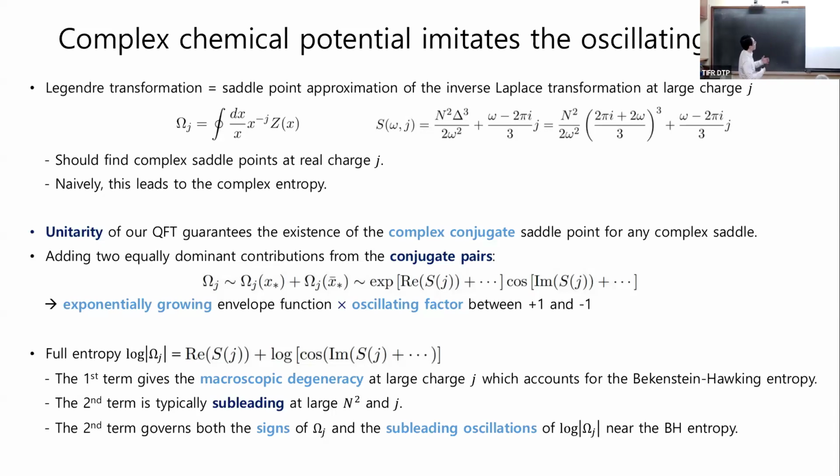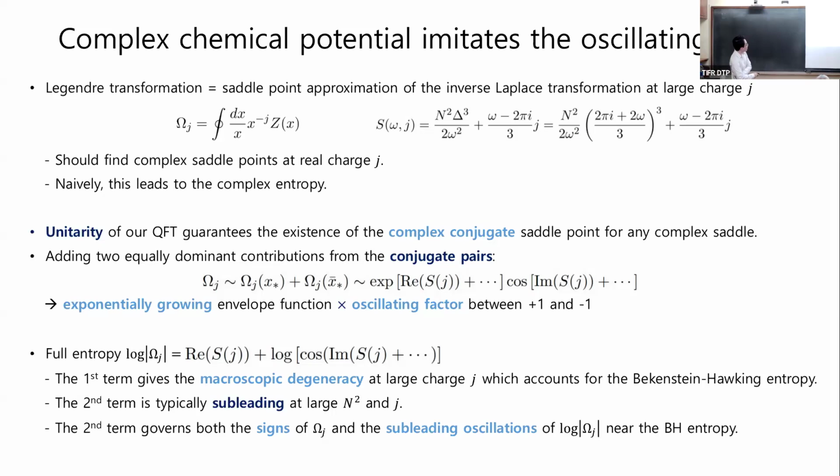But since we are now computing the index, what I want to argue is that you should find complex saddle points at real J, complex omega at real J, which means that this leads to a complex entropy. However, our unitary quantum field theory always has complex conjugate pairs of such saddles, meaning that if you add these two equally dominant contributions from conjugate pairs, you'll have an exponentially growing envelope function times an oscillating factor between +1 and -1.